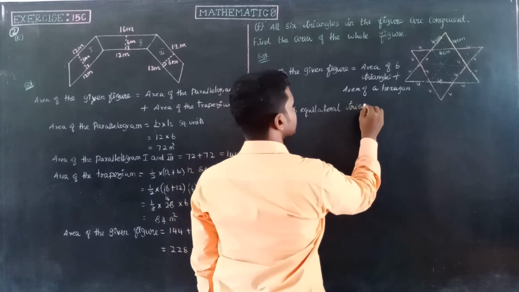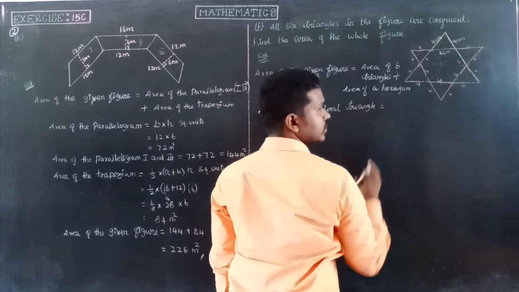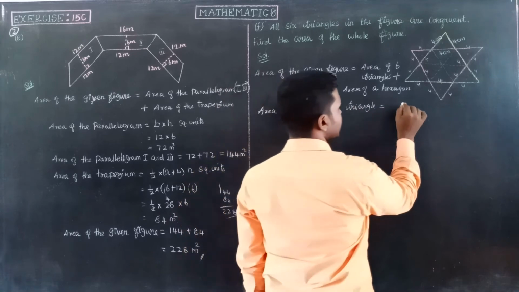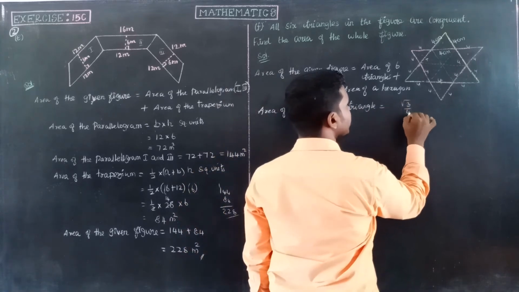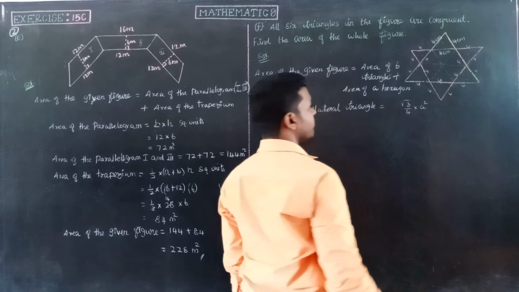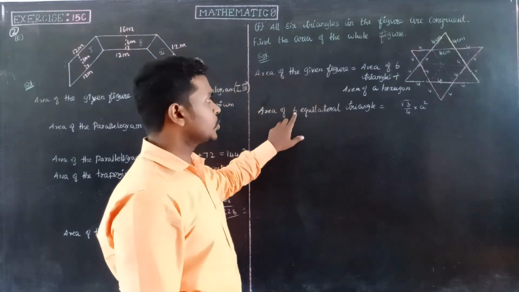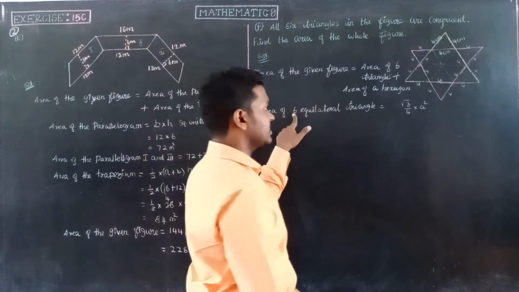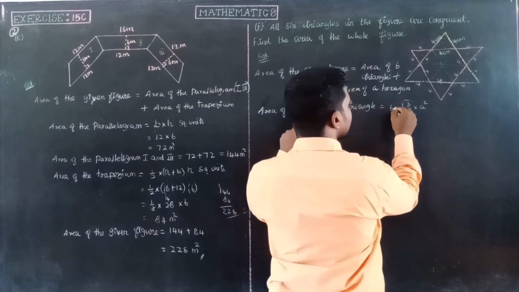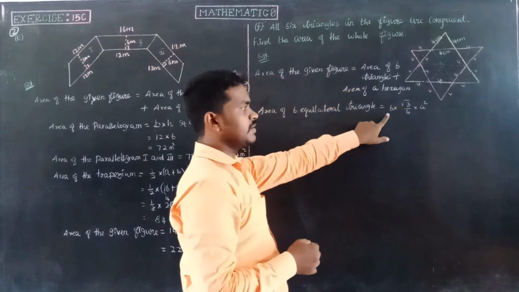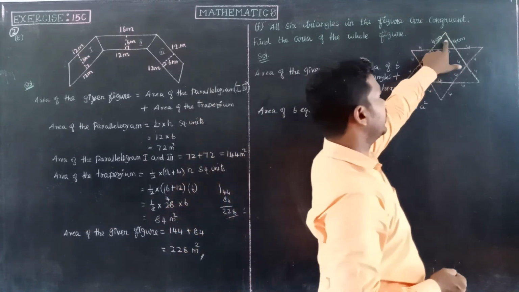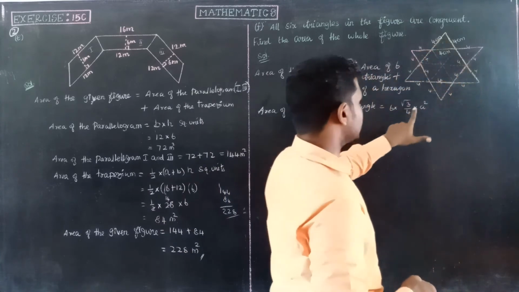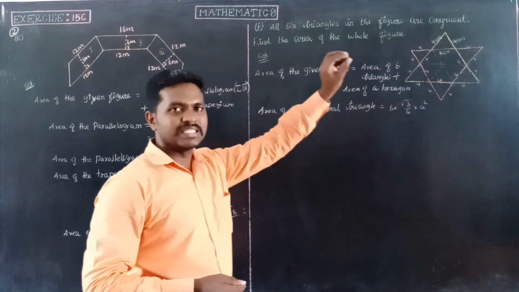The area of 6 equilateral triangles is equal to, using the equilateral triangle formula, root 3 by 4 into a square. This is the formula to find the area of an equilateral triangle. The total number of equilateral triangles here is 6, and all have the same measurement, so we multiply by 6. One equilateral triangle has this area, and there are 6, because all the triangles have the same size.